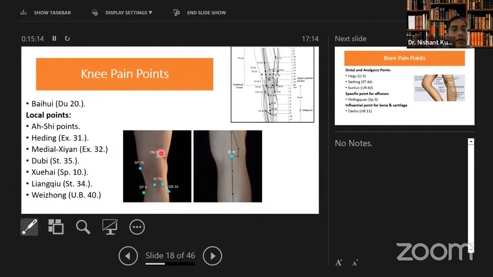So extra meridian 31, extra meridian 32, stomach 35, medial Xiyan, lateral Xiyan, spleen 9, spleen 10, stomach 34, and UB40 on the back of the knee. For the most common osteoarthritis, this is the point selection that we go for local points.